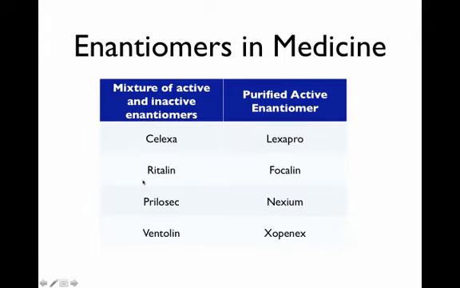Same thing with Ritalin. Ritalin is a mixture of stereoisomers. There's another medicine called Focalin that contains only the active stereoisomer. Same thing, Prilosec and Nexium. You may have taken Ventolin for, I believe, some type of asthma, and there is a purified stereoisomer medication called Xopenex.